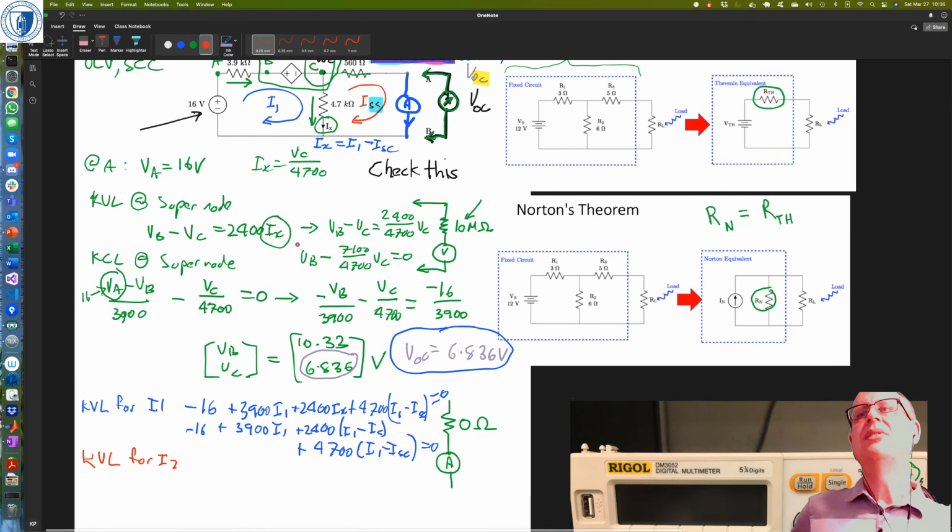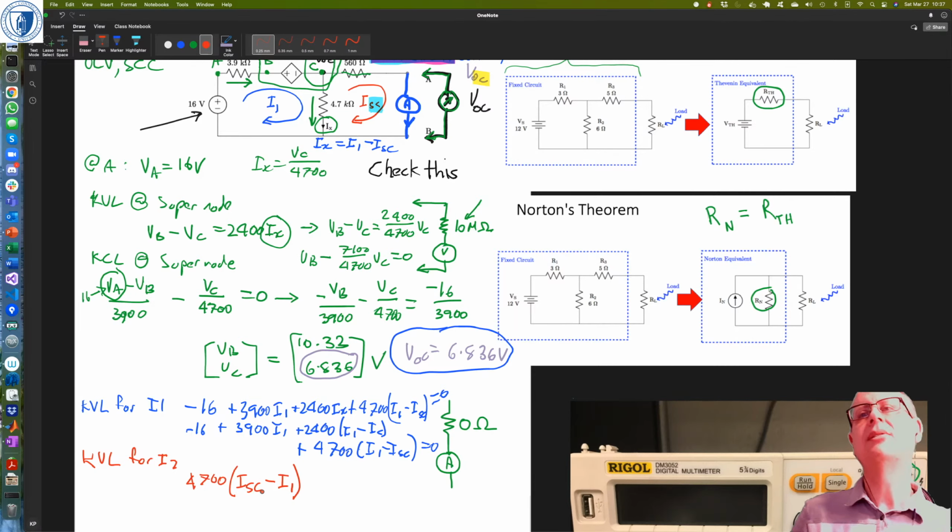Now the KVL for ISC, and I'm going to need to go down a little bit. There we go. So we've got 4700 times, now it's ISC, and this time we're interested in things with respect to the ISC direction.